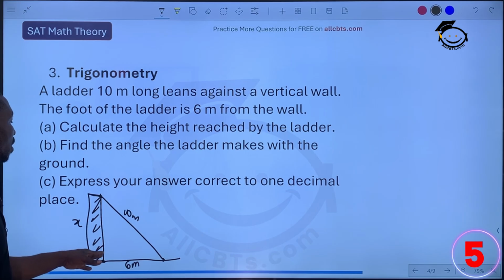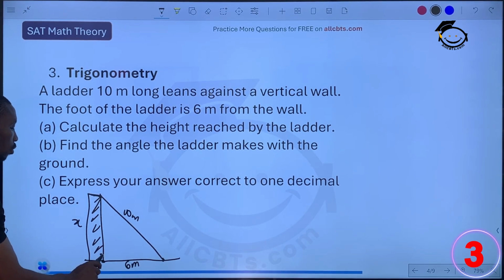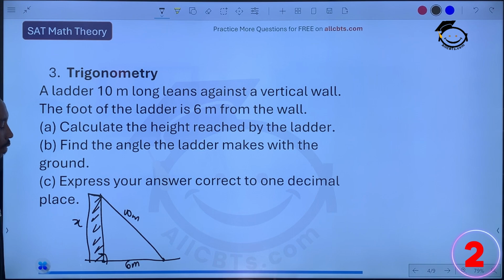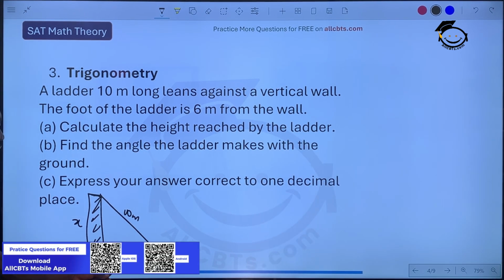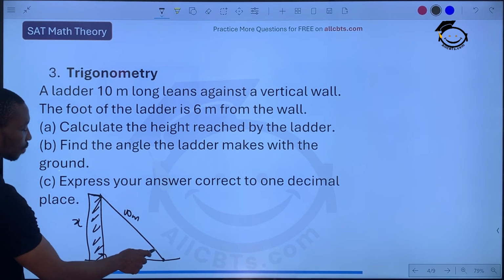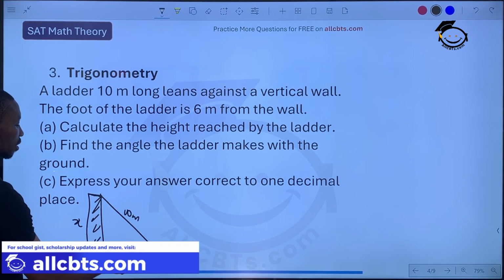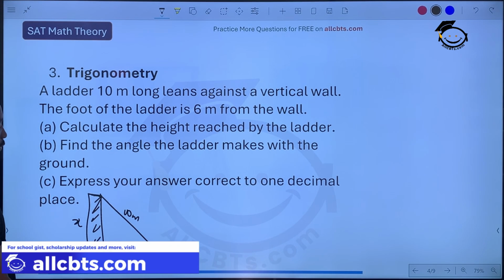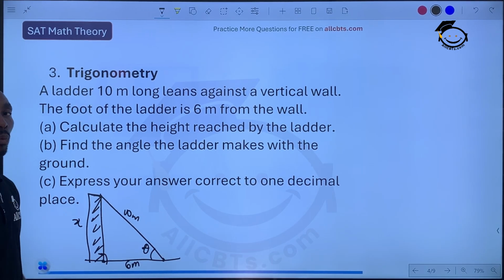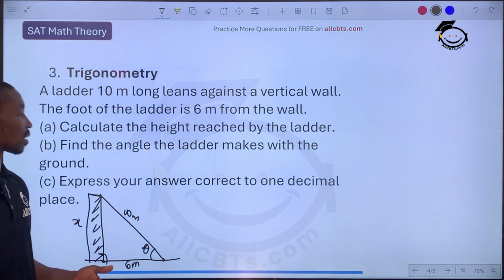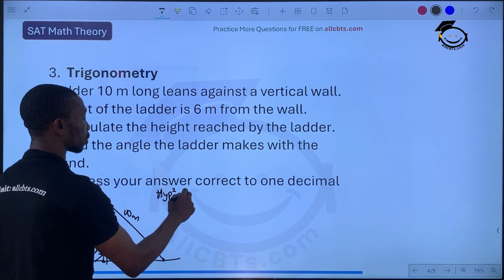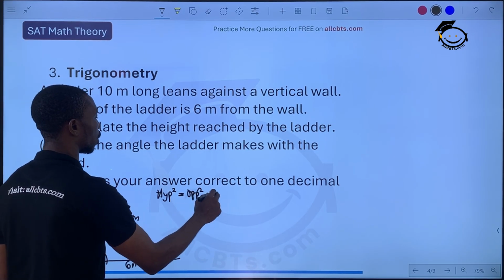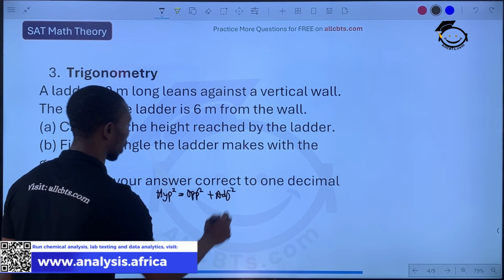Now, we can see this is forming a right angle triangle. Since we have this as a hypotenuse and this as an adjacent, we can calculate our opposite. Let's call this theta. To calculate our opposite, we apply the Pythagoras theorem that says hypotenuse squared equals opposite squared plus adjacent squared.